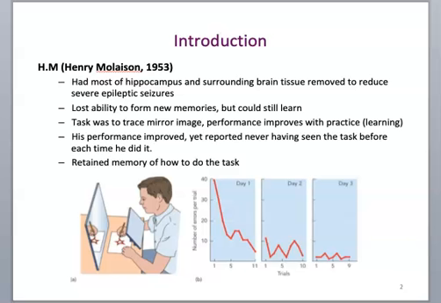After this, he lost the ability to form new memories. So he could remember his childhood, he could remember things from a long time ago, but anything that happened in the last 20 seconds, say, he couldn't remember. But what they found is that he could still learn, which is not what you would expect.